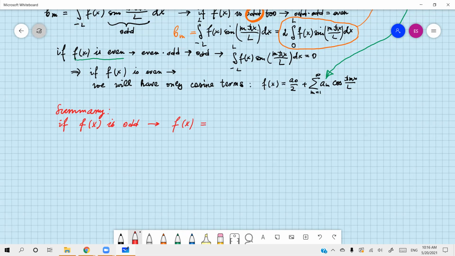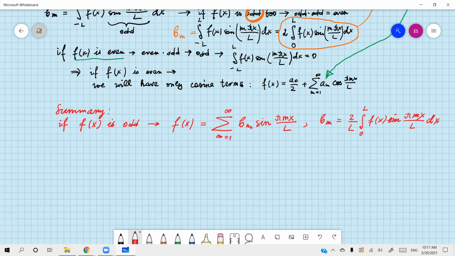And that's going to look like this: the sum of bm sine of pi m x over L, m goes from 1 to infinity, and bm can be calculated as 2 over L, integral from 0 to L, f of x sine of pi m x over L dx.